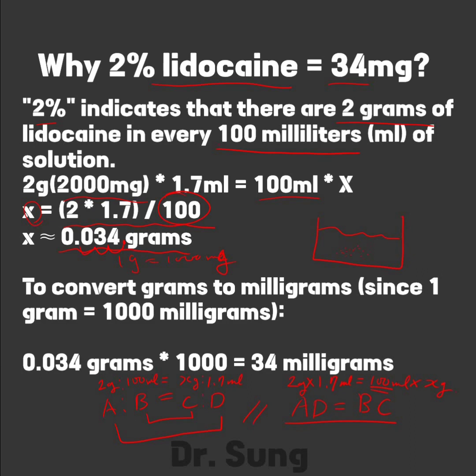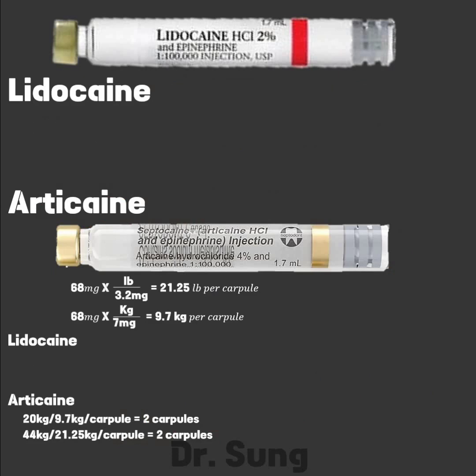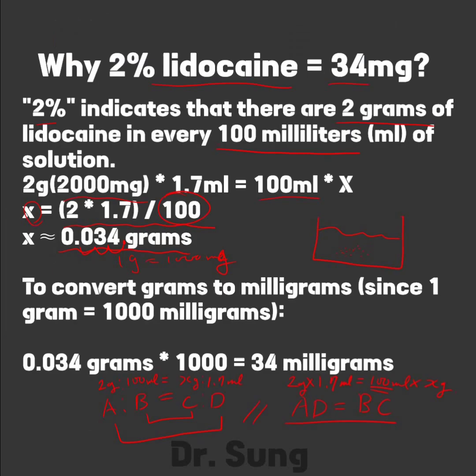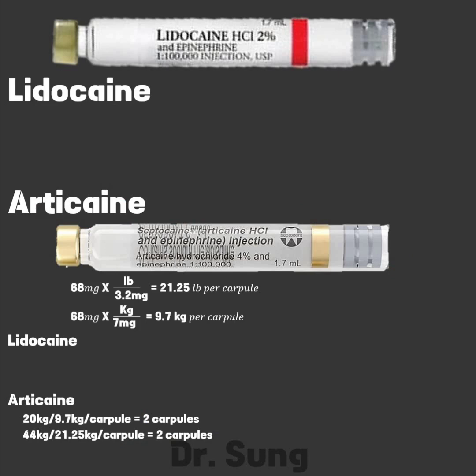I wish that you understood. If you don't understand, you watch one more time. Now we have this 34 milligram. I know that it is kind of confusing, but if you watch over and over, you will definitely understand.